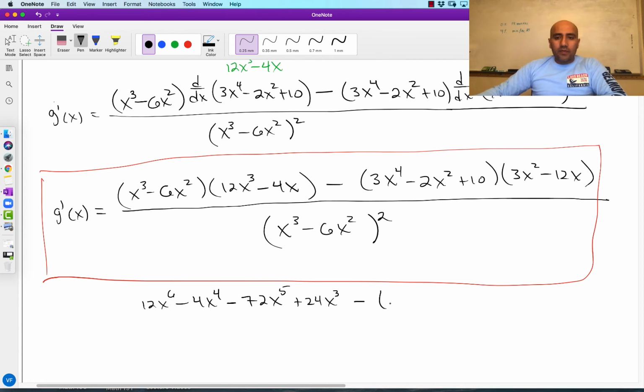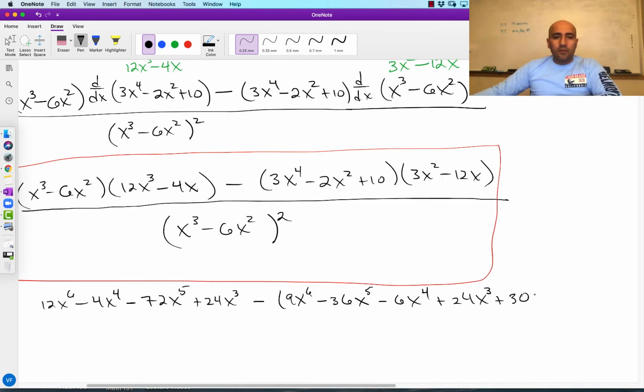And this will be 9x to the 6th power minus 36x to the 5th power minus 6x to the 4th power plus 24x to the 3rd power plus 30x squared minus 120x.